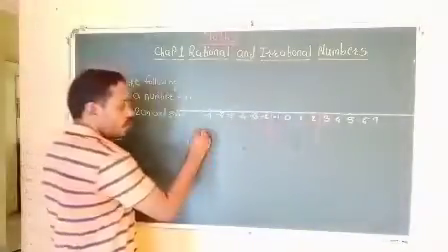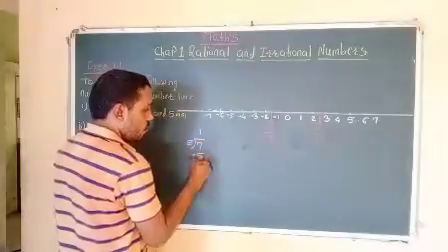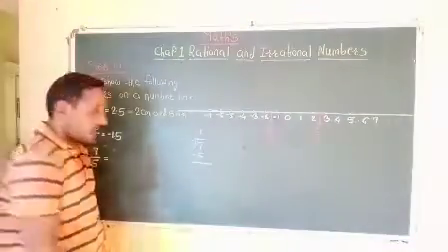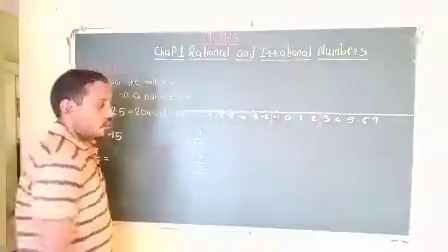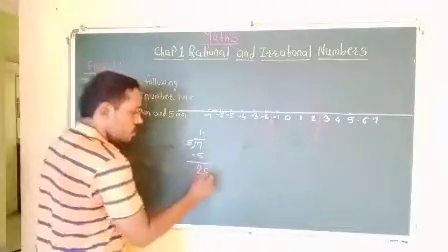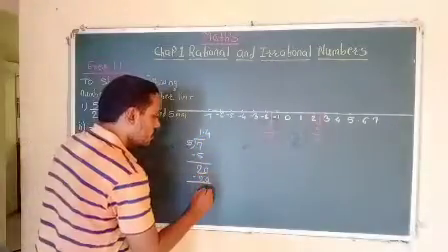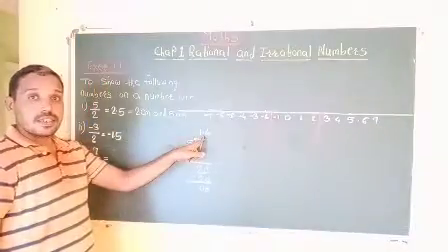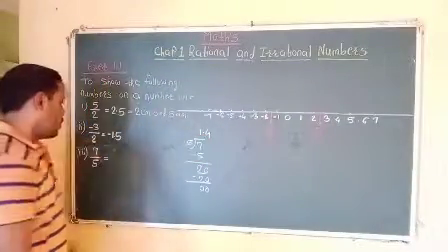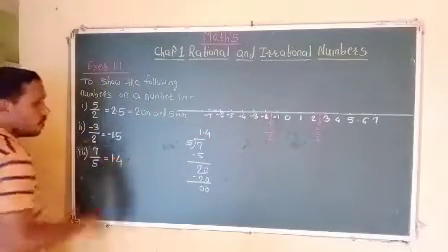So the 5 ones are 5. How much is remaining? 2 is remaining. Decimal point 0. 5 4s are 20. 0 0. What is the answer? 1.4. So it is 1.4.